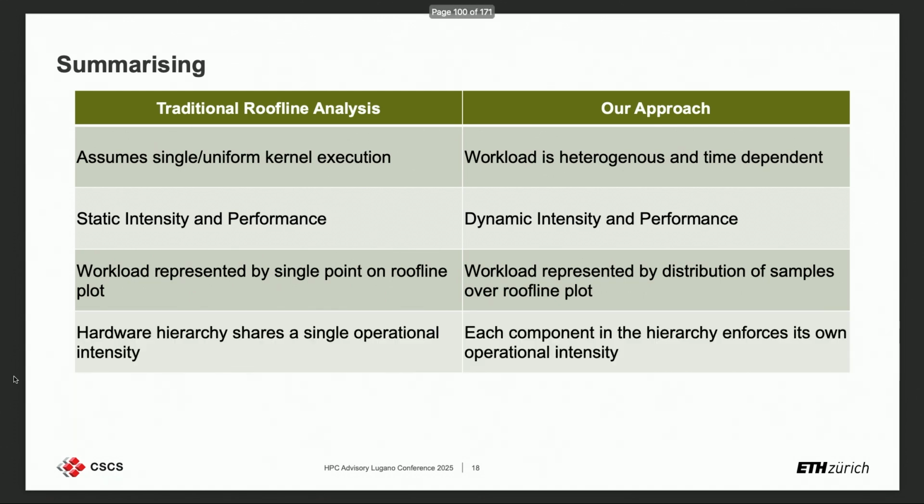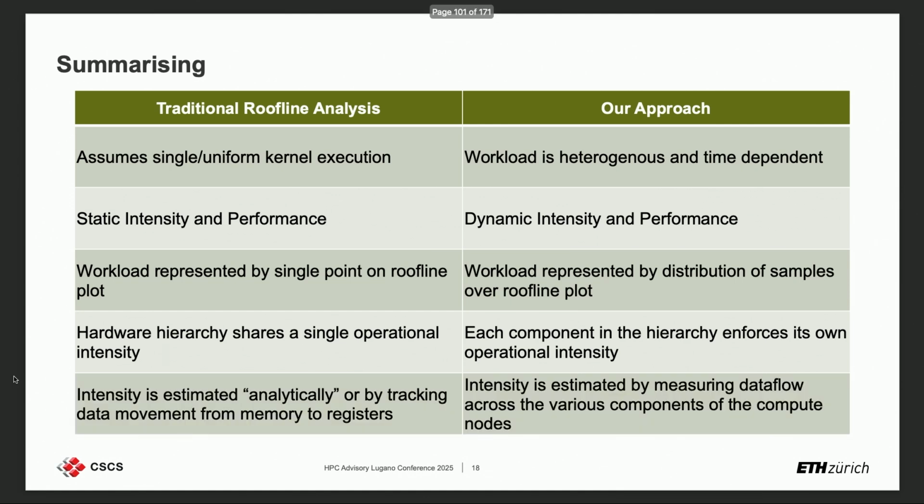In the traditional model, the hardware hierarchy shares a single operational intensity that is many times, for example, computed just by analyzing the algorithm by hand, while in our approach, each single component of the node enforces its own operational intensity and projects its own constraint on the final performance via this quantity.